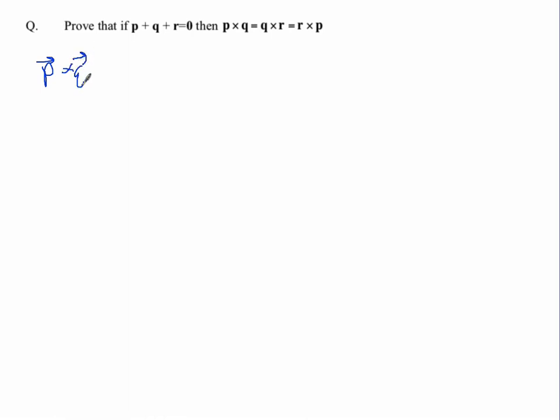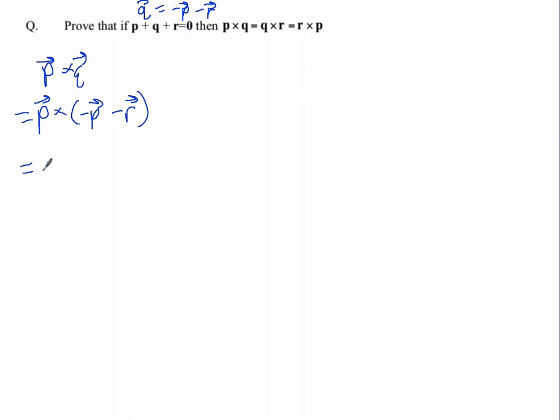Okay, P cross Q, you can rearrange this one here for Q, for instance. So you can rearrange this to Q equals negative P minus R. Okay, so I'm going to rewrite this as P cross with negative P minus R, and then I'll do the cross product.